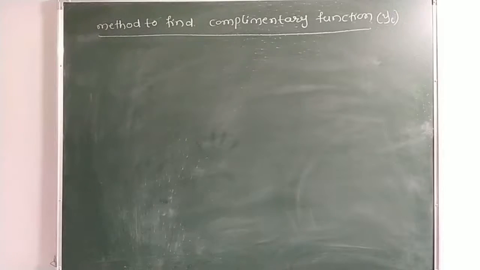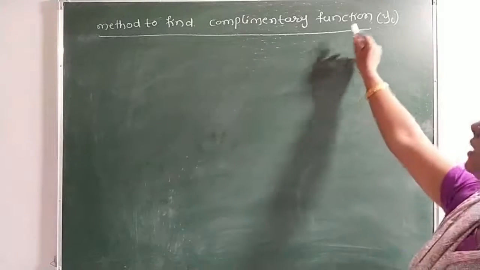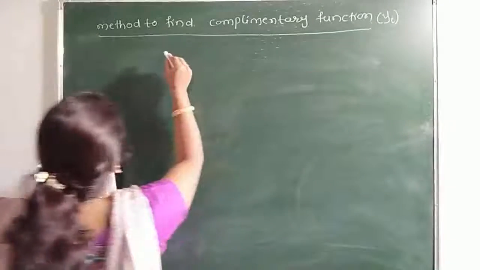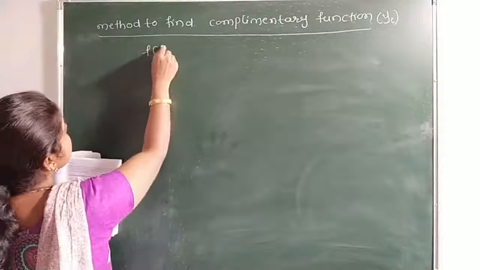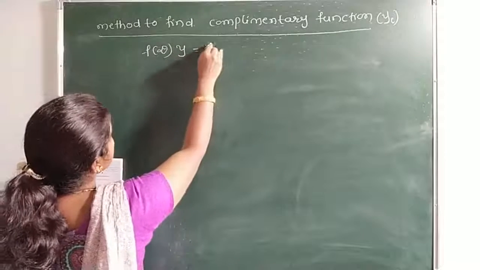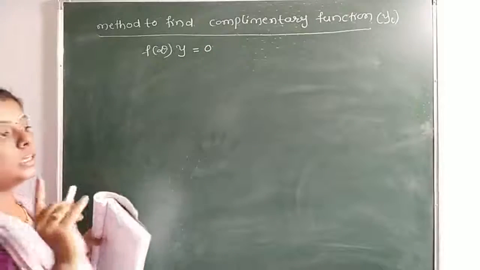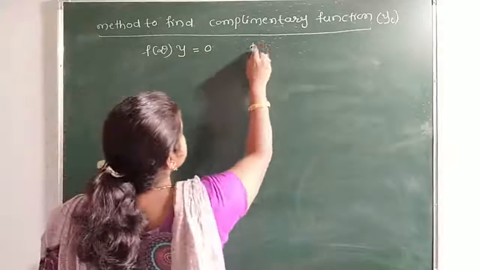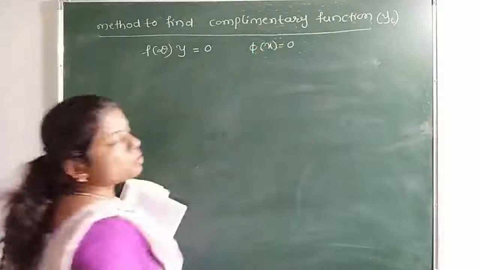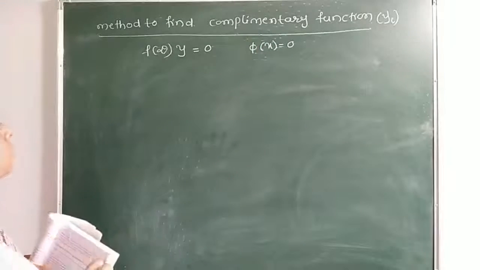First we see how to find the complementary function yc. This we apply when our equation f(D) y is equal to 0, meaning φ(x) is 0, the RHS part is 0. Then only we find the complementary function.